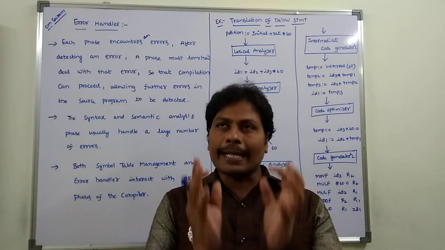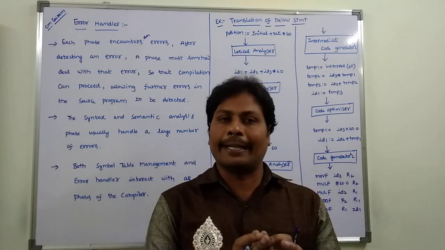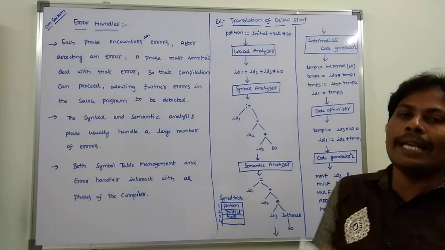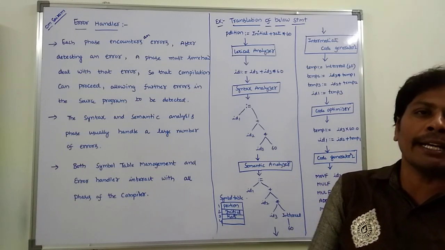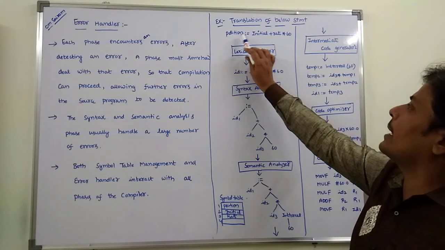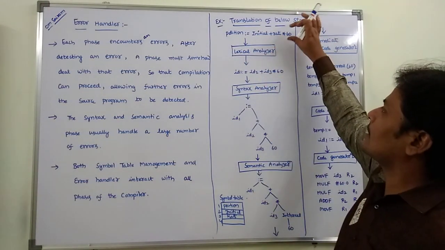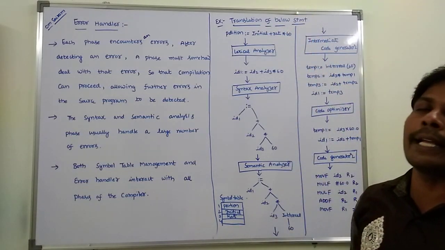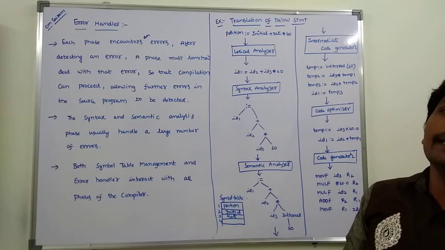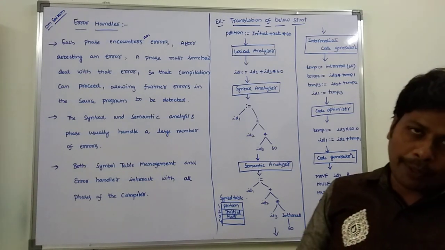Now, of these 6 phases, how is the given statement translated? Suppose we are taking this statement, how is this statement translated in the above 6 phases? Position is equal to initial plus rate into 60. So this statement can be given to the lexical analyzer. The lexical analyzer can divide the given statement into some tokens.